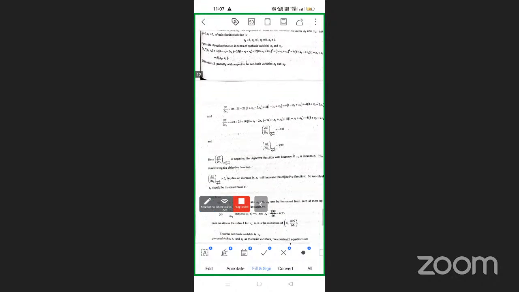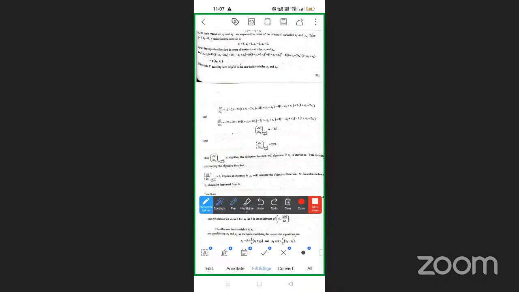We are getting two equations. So this is differentiation with respect to x3. So this is differentiation with respect to x4. And at x3 is equal 0, x4 is equal 0, after differentiation, that is minus 145, 299. So these are the dou z by dou x3 at x3 comma x4 is equal 0, dou z by dou x4 at x4 comma x3 is equal 0.